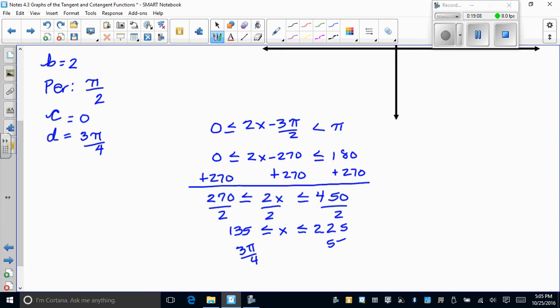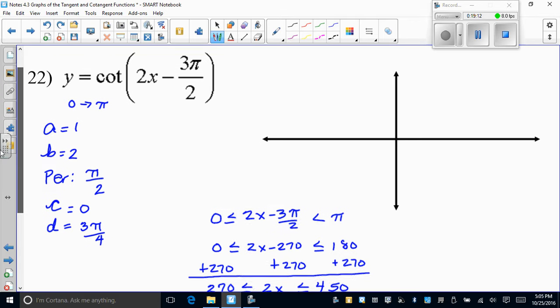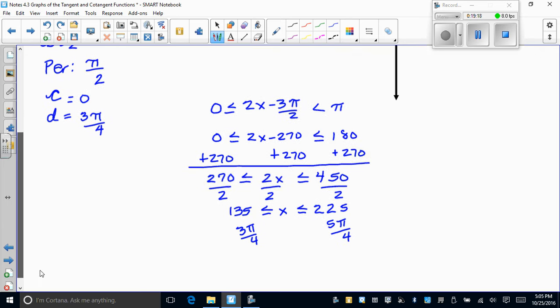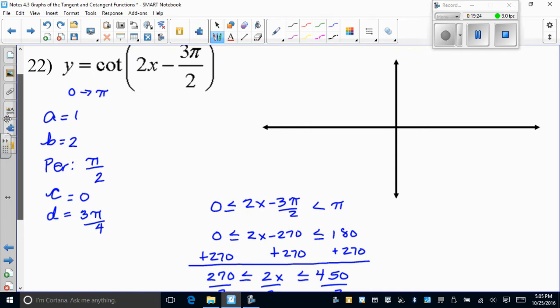Now this asks you to do it over a 2-period interval, so we've got to talk about that too. Since my end and beginning points are pi over 4s, everything I'm going to put in there is going to be pi over 4. So pi over 4, 2 pi over 4, 3 pi over 4, 4 pi over 4, and 5 pi over 4. I think that's where we're stopping.